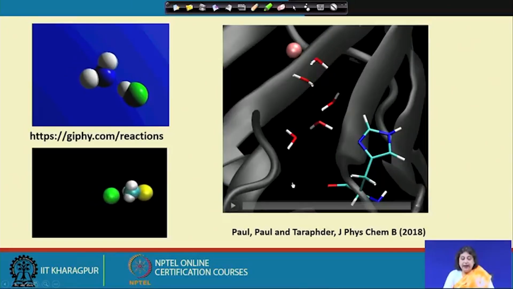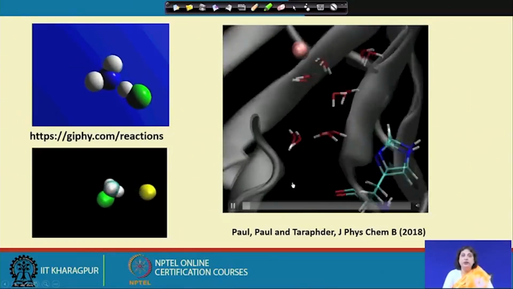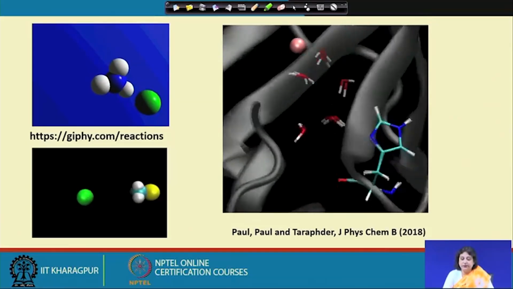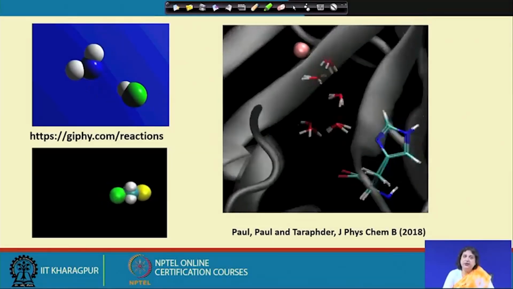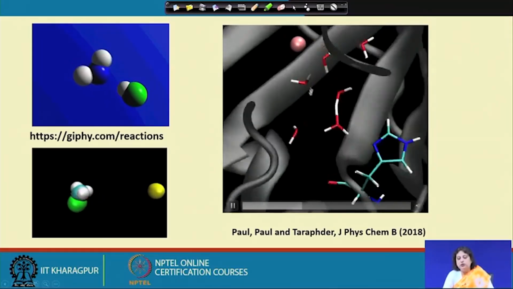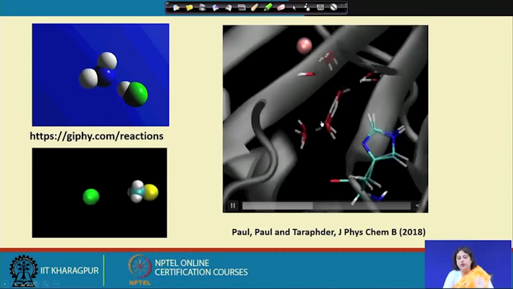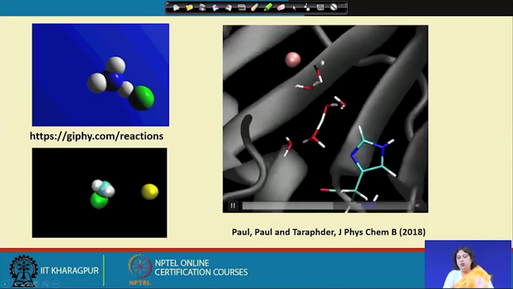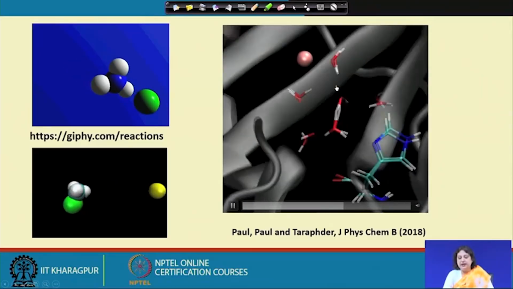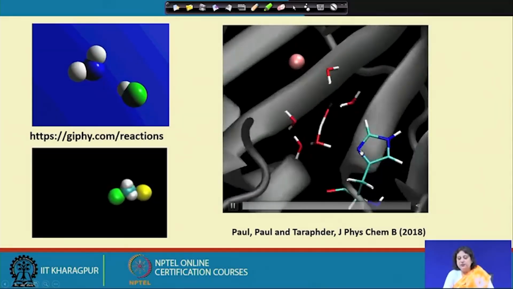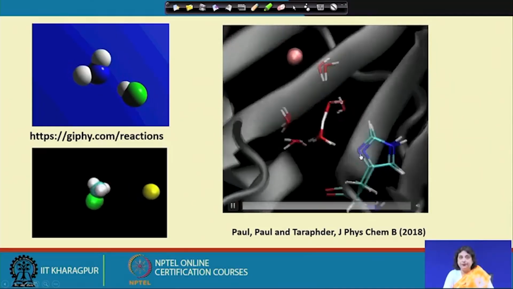Or you can even have very complicated situations, for example, in an enzyme catalyzed situation. So, this is a proton transfer reaction within an enzyme, where you see that these water molecules are exchanging one proton between themselves, so that one water molecule loses a proton, and eventually this proton lands up on this particular nitrogen atom.